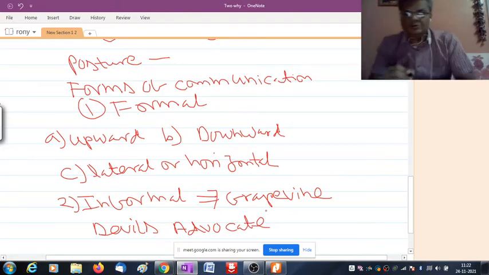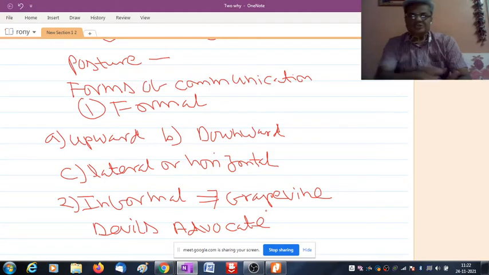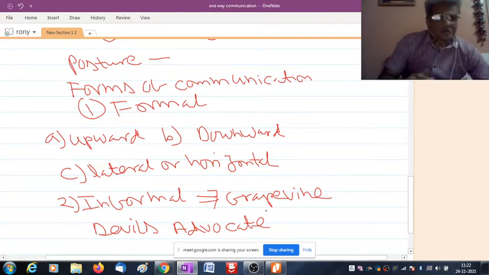Please tell me. If you know, say yes, otherwise no. No, sir. So in every organization there is a tendency to use this technique called devil's advocate.